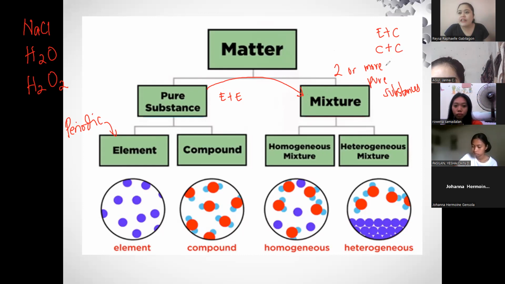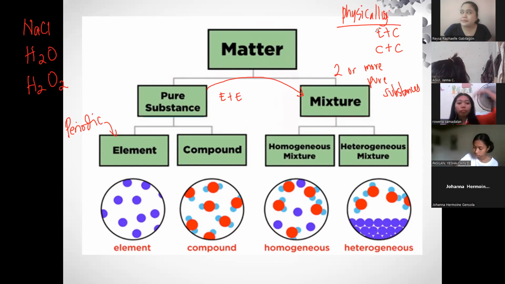You can have a lot of elements in a mixture and a lot of compounds in a mixture. The combination of the pure substances in a mixture happens physically only. What does it mean? There is no chemical reaction here. They are just combined together physically.